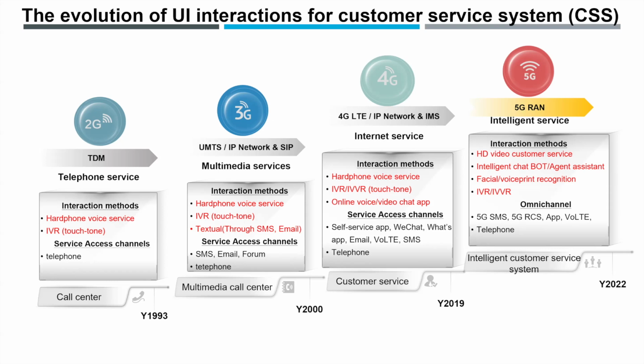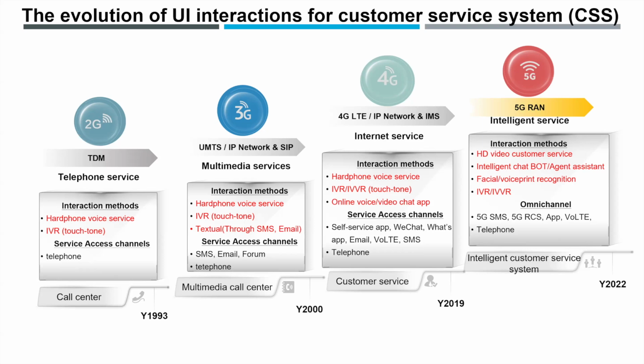We call the customer service using our phone, through voice communication, and then there is the IVR, which has already been specified in ISO 8, I think. When we go to 3G, we can type short messages on our phone and send them to the customer service, so textual interaction is added here. We can also use our phone to make a phone call and use the IVR service.